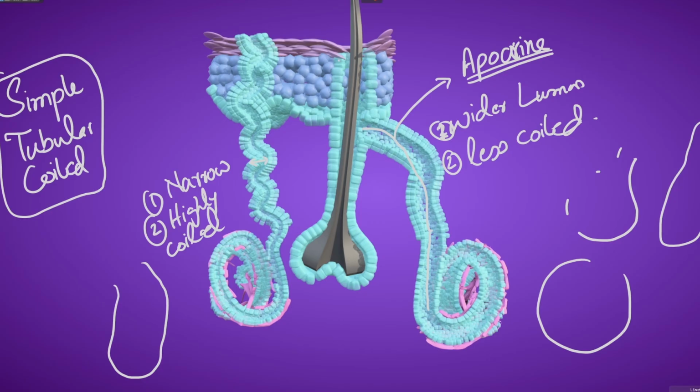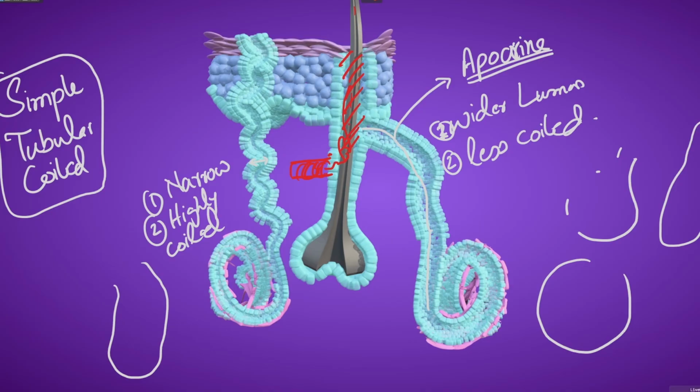Besides this exception that sometimes they may be branched, another exception is that mostly they open into the hair follicle, especially this part, which is called the pilosebaceous canal. Let me specifically show you, this part is called pilosebaceous canal because the sebaceous gland opens somewhat here, slightly lower than the opening of the apocrine gland. Pilo means hair. So the secretion of the sebaceous gland as well as the shaft of hair both lie in this pilosebaceous canal.